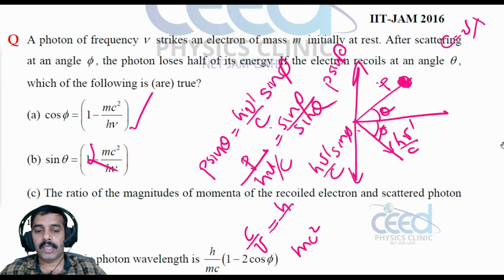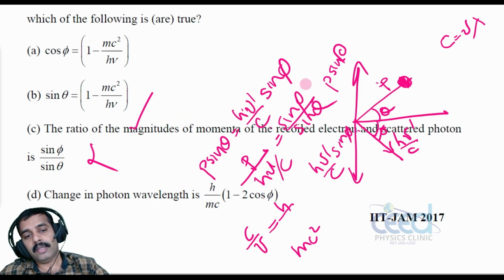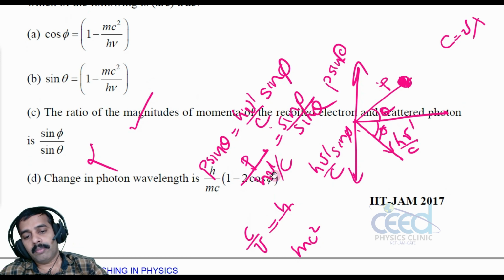It is given that the ratio of the momentum of the recoiled electron and the scattered photon is sin phi by sin theta. So that is also correct. We got this result, p by h nu by c is equal to sin phi by sin theta.